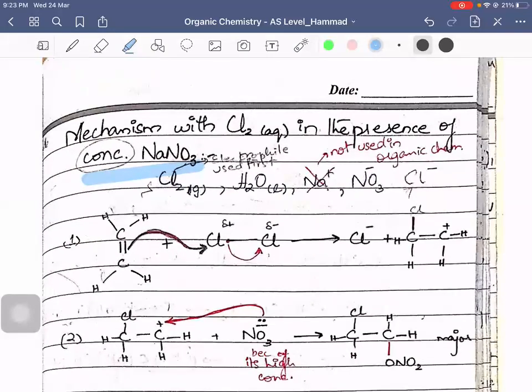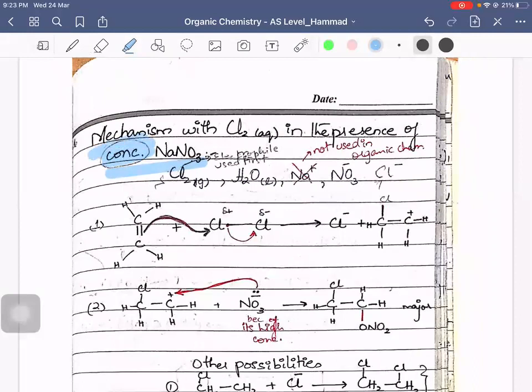The alkene molecule attacks the chlorine molecule. However, it is step two, because NaNO3 is concentrated, right?